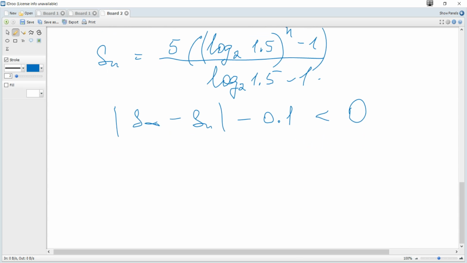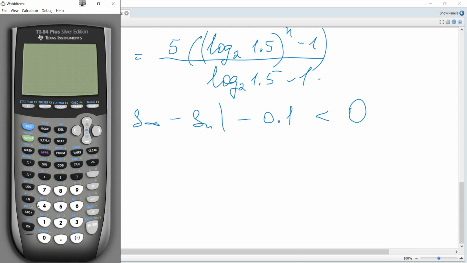Using a calculator, I enter one function, the absolute value of the sum to infinity minus Sn, and then minus 0.1.